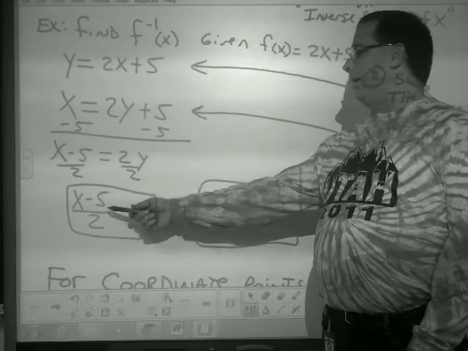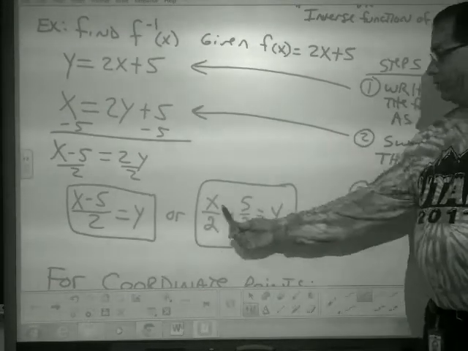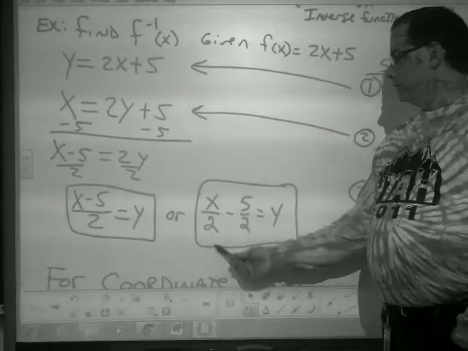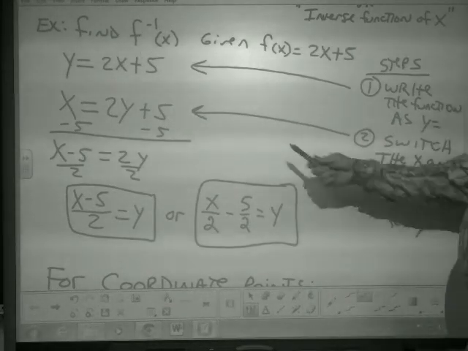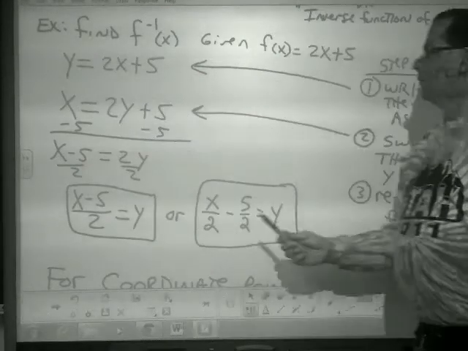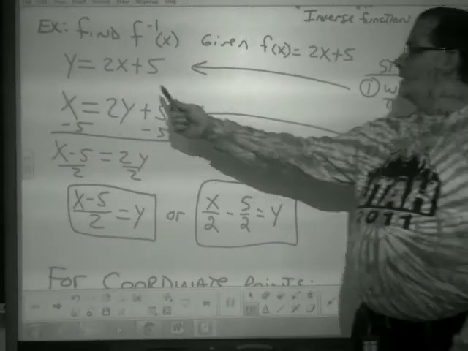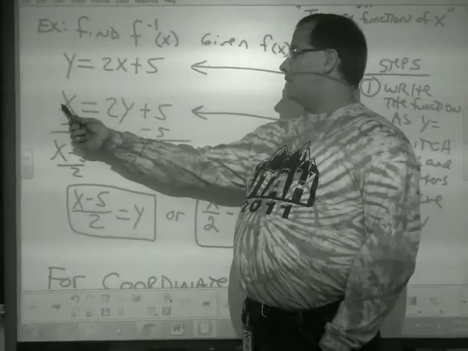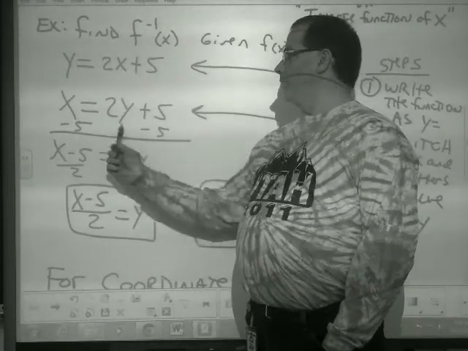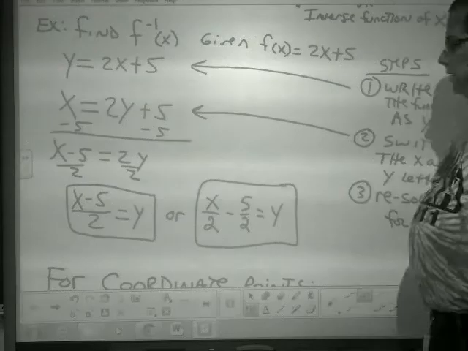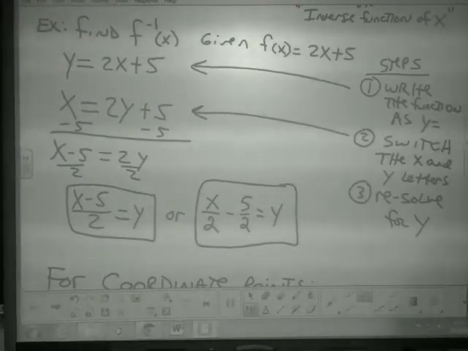If it's multiple choice, you might not see it like that. You might see it written this way. So, write the function in y equals form if it's not already. Switch the letters x and y, so x becomes y, y becomes x. And now just focus right here and solve this for y. Get everything to the other side, solve for y. And that is your inverse function.